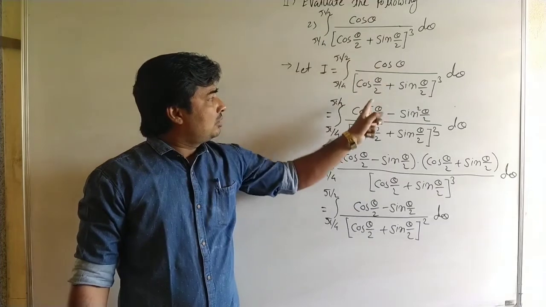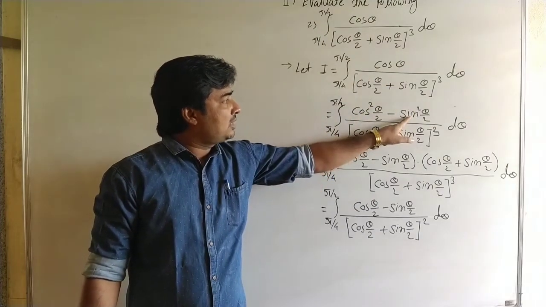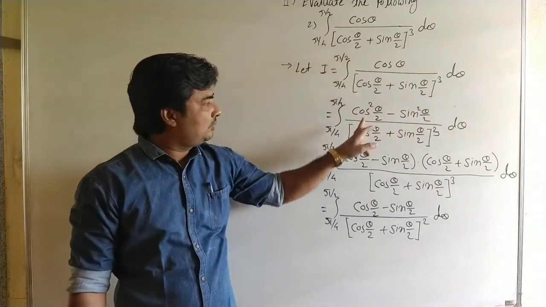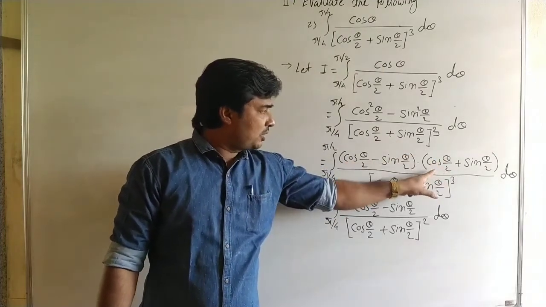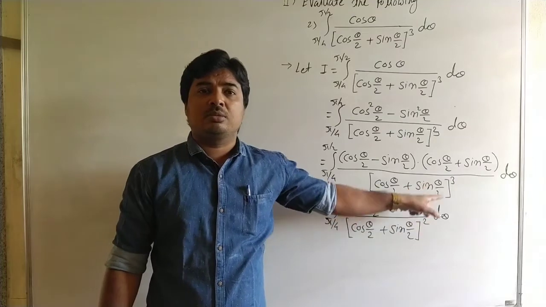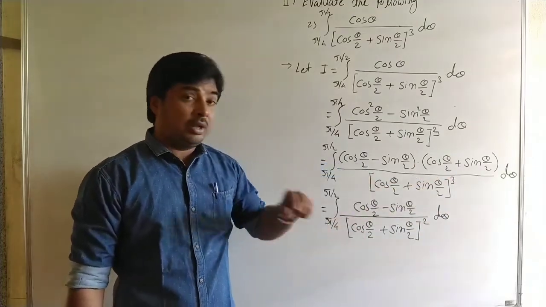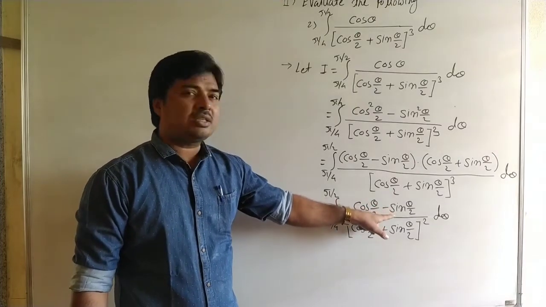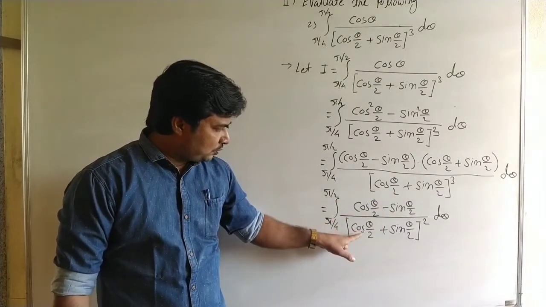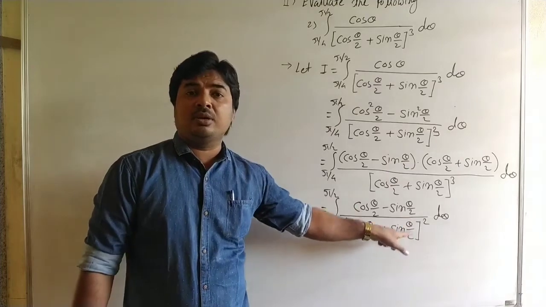Here we use the cos square theta by 2 minus sin square theta by 2, it is a formula for the cos theta. Then here expand it, and then cos theta by 2 plus sin theta by 2 and cos theta by 2 plus sin theta by 2 cancel, we get this term. And now here in the numerator there is cos theta by 2 minus sin theta by 2, and in the denominator cos theta by 2 plus sin theta by 2 square.